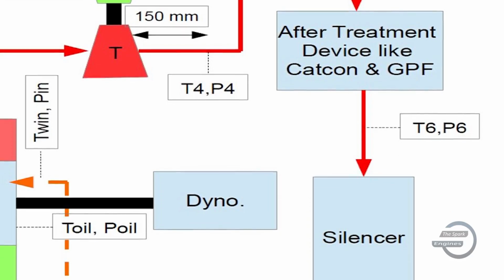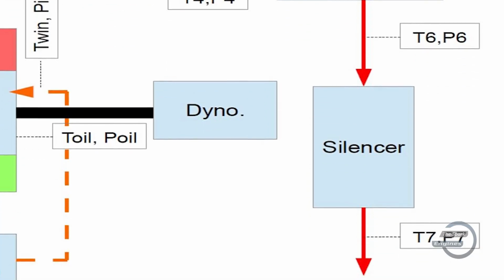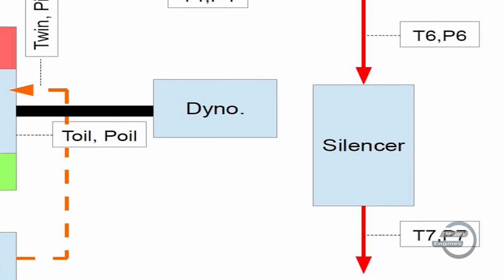After this, the exhaust gases pass through the muffler in order to damp the pressure waves present within it, and the outlet of the muffler is open to atmosphere. Hence, we use T7 and P7 just at the outlet of the muffler to measure the tailpipe gas properties just before getting released into the ambient.